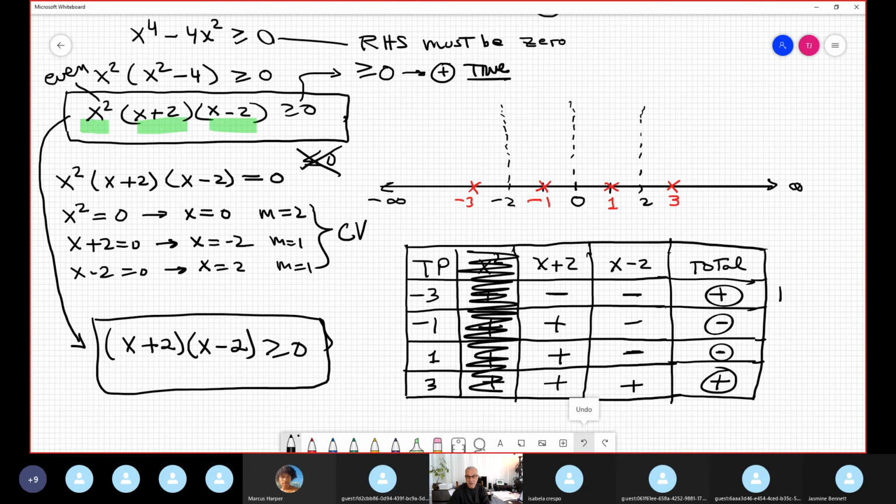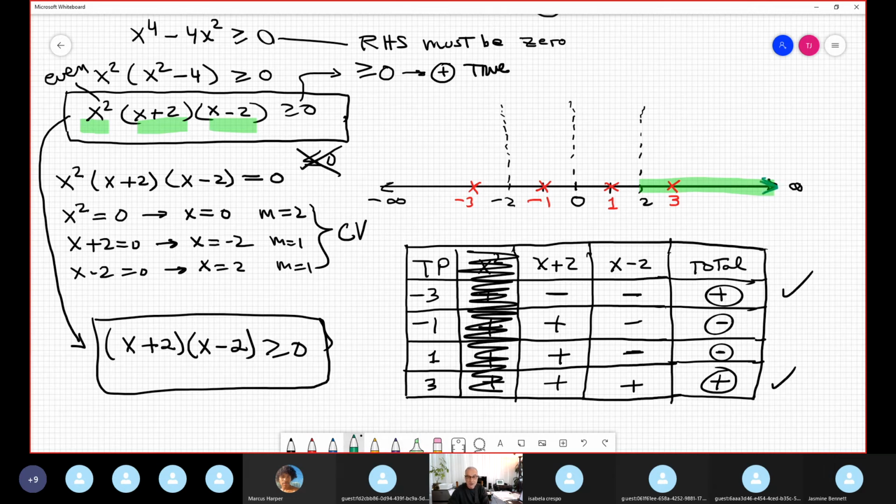So I saw that the testing points that passed the test are this one and this one. I select inside the line. Inside the line is 3 here. The interval is extending from the critical value 2 to infinity in this direction.